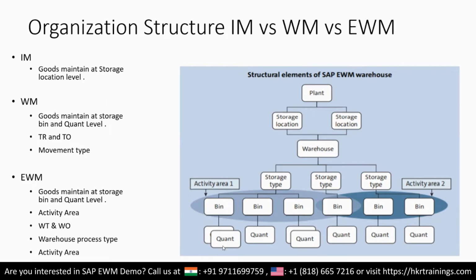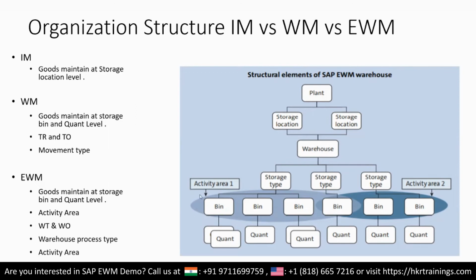Whichever material I have placed first in the storage bin, suppose in this storage bin I have placed 10 materials on different dates. Monday I have placed 10 materials, Tuesday 10 materials, Thursday 10 materials. Now on Sunday you want to pick 10 materials, but you have to pick in that order: the materials I put on Monday should be picked first, because of the expiration, or you are using perishable materials like milk, curd and all that have a limited shelf life.